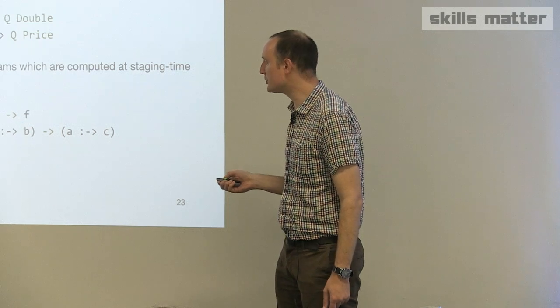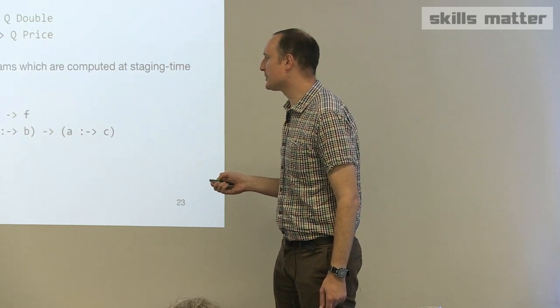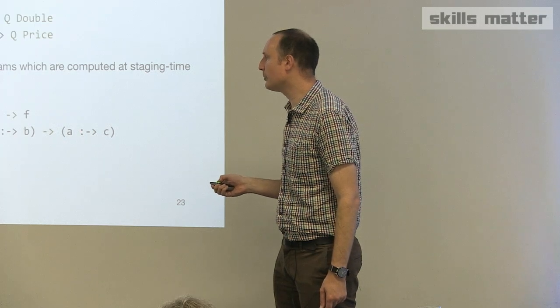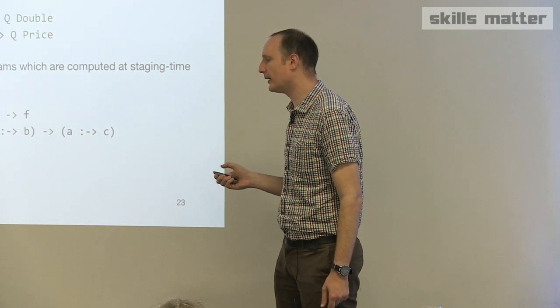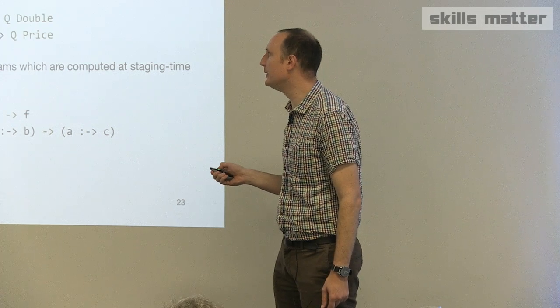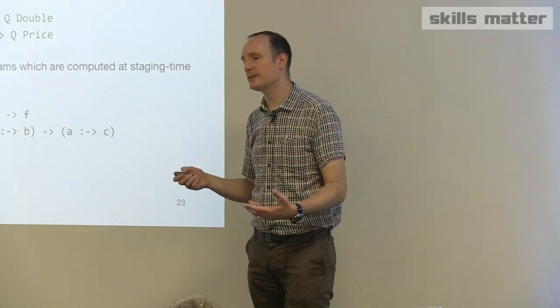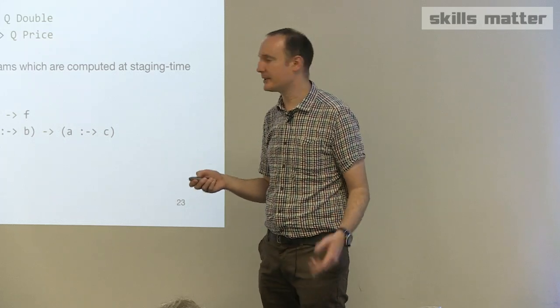And so there's nothing about this that is part of the DSL. These are just normal Haskell functions, but I can use them in the DSL to have lenses that are evaluated at staging time.